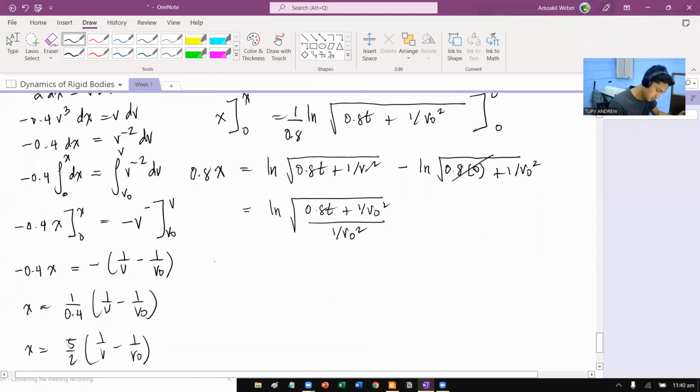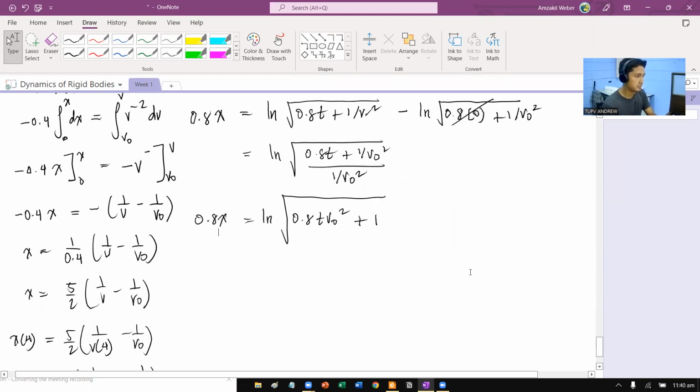This would be ln times 0.8 t p0 squared plus 1, 0.8x. All right, so we have now displacement equation as function of time.